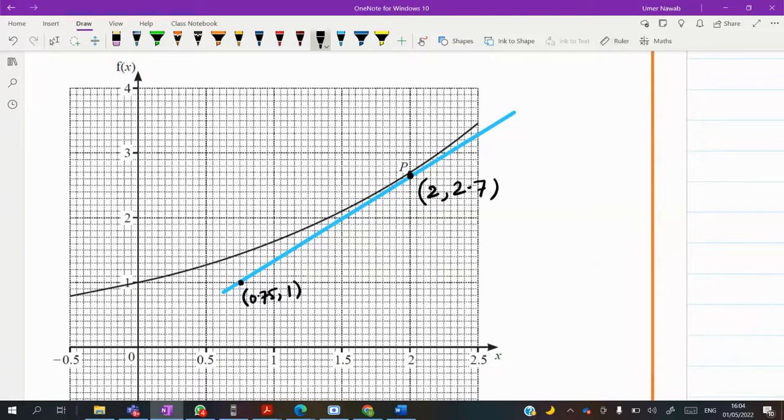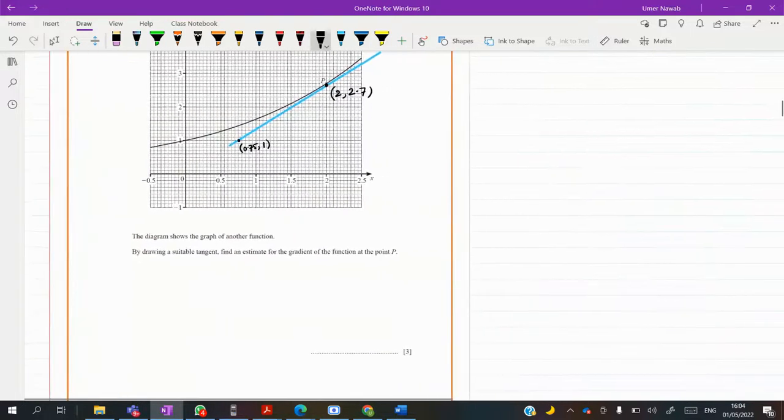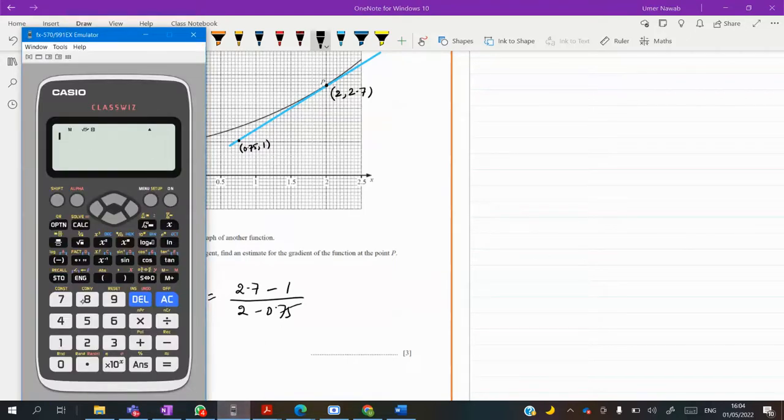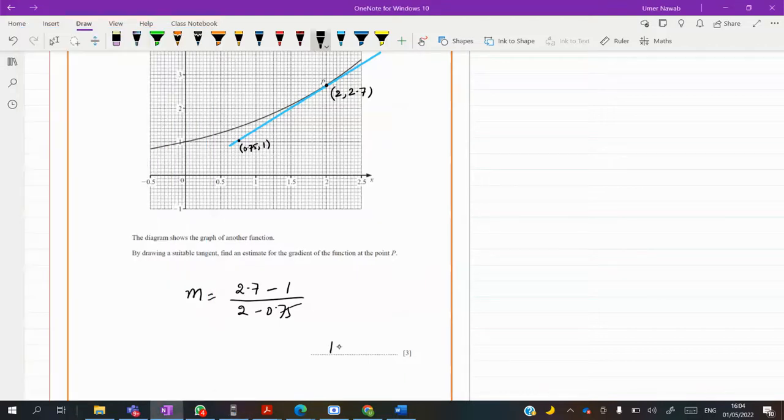So I want to find the gradient. The gradient is 2.7 minus 1 over 2 minus 0.75. It gives us 1.36.